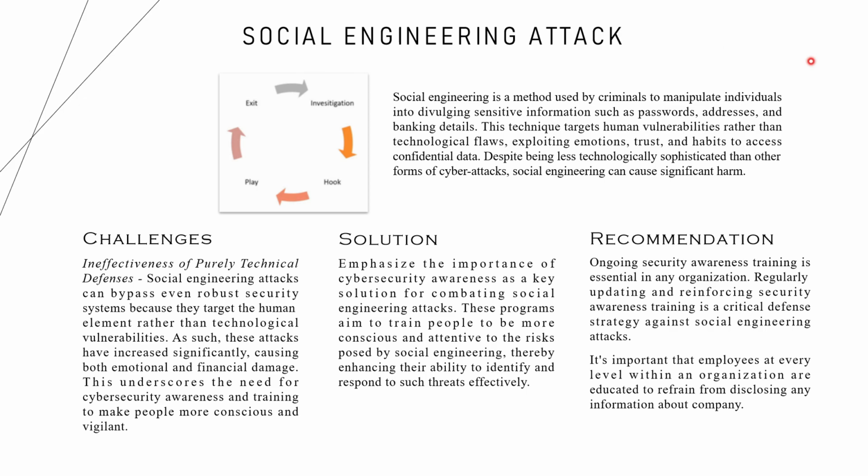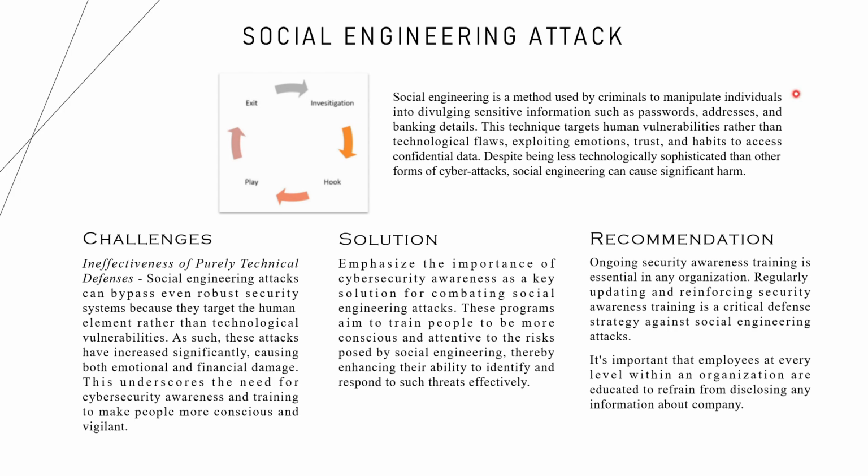So now, one of the internet and network vulnerabilities is social engineering attack. Social engineering is a method used by criminals to manipulate individuals into divulging sensitive information such as passwords, addresses, and banking details.